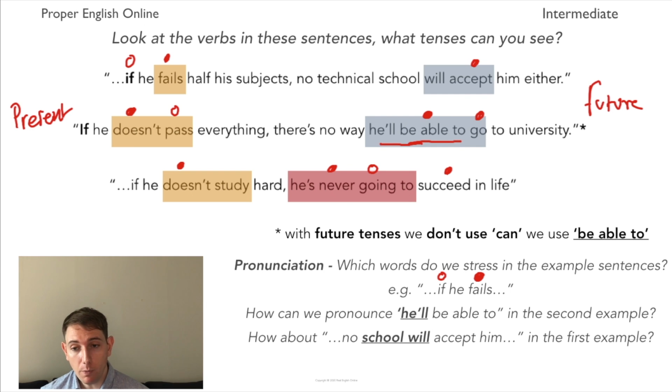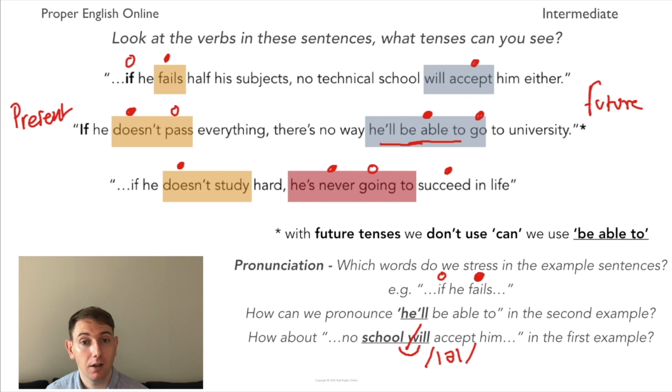Okay, guys, so what we can do is we can join this L sound and this here and get rid of the W. And we'll get something like this. No school will accept him. School will accept him. So will can be, get rid of that altogether and say school'll.